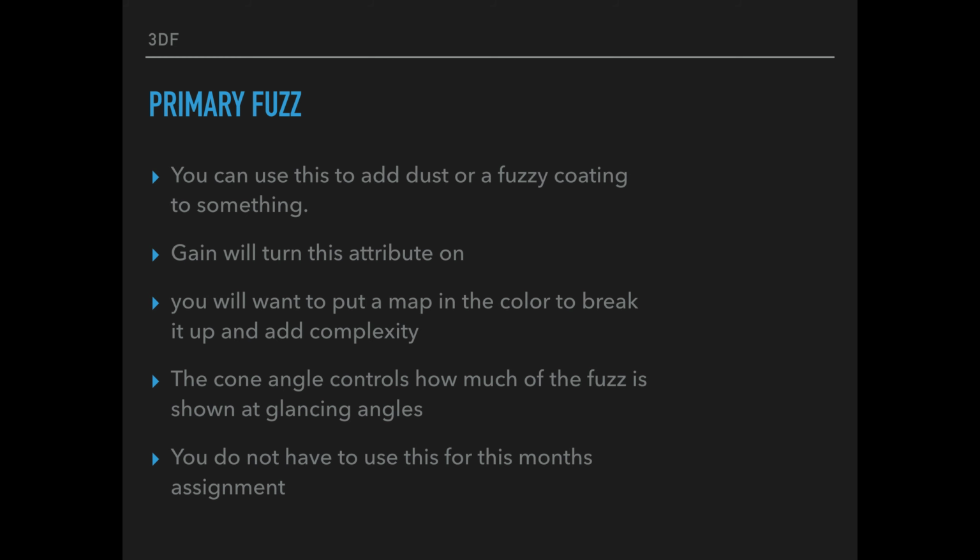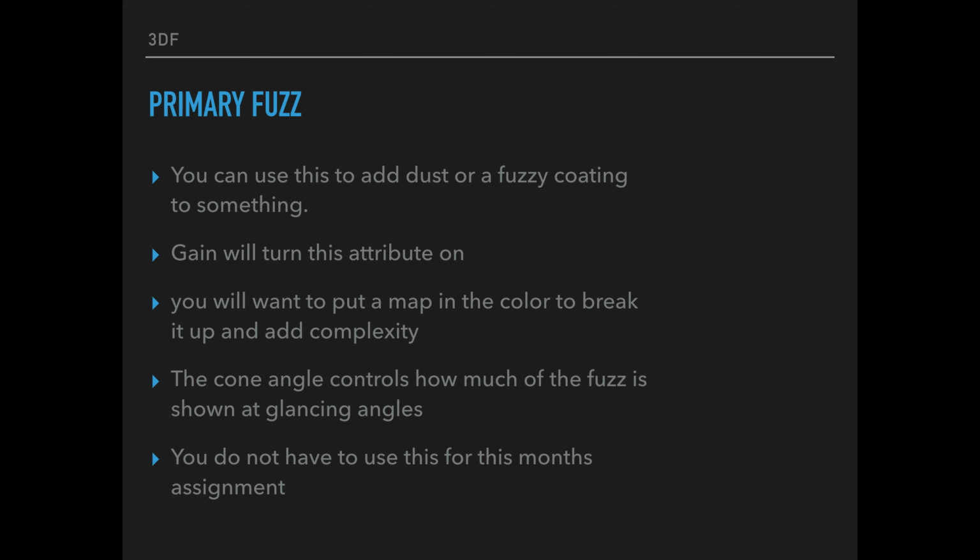The gain is going to turn this attribute on, so you'll find anything in the PXR surface has a gain to it. 1 means it's all the way on, 0 means it's all the way off. There's certain attributes that I like to have all the way turned on, and then there's others that you can play with the gain to balance all your attributes. You're going to also want to put a map in the color to break it up and add complexity to it.